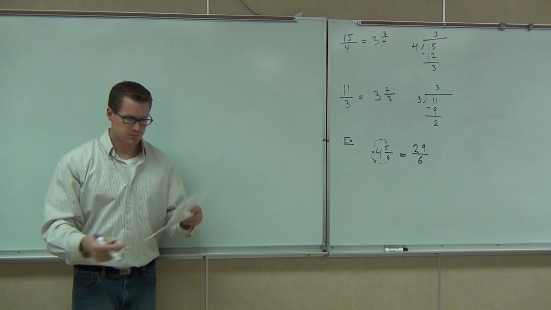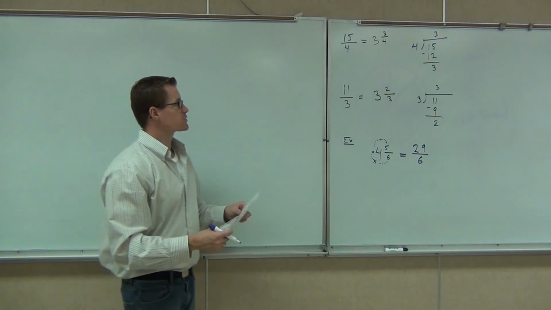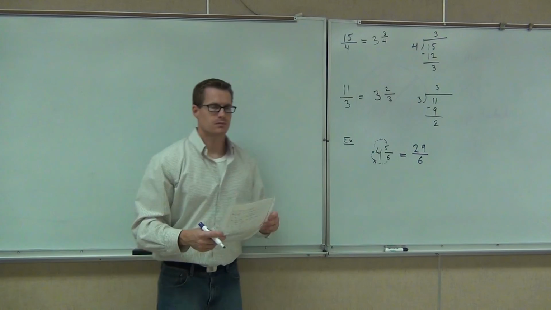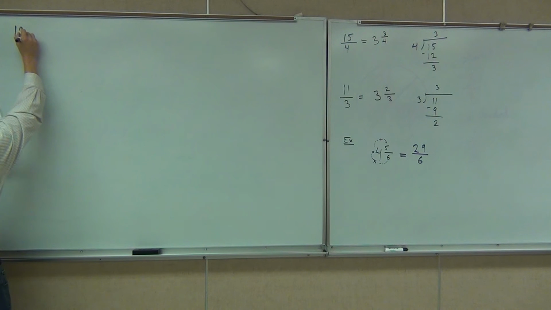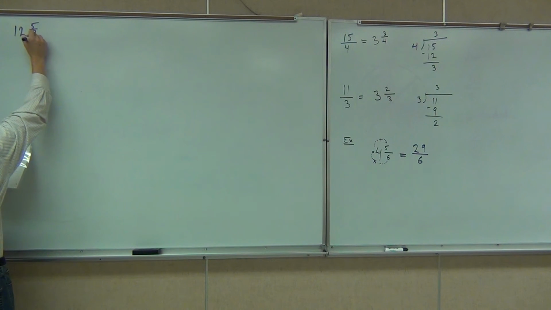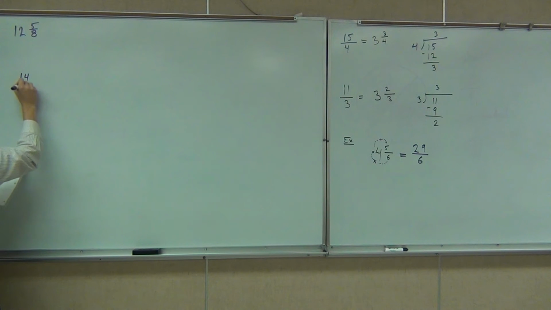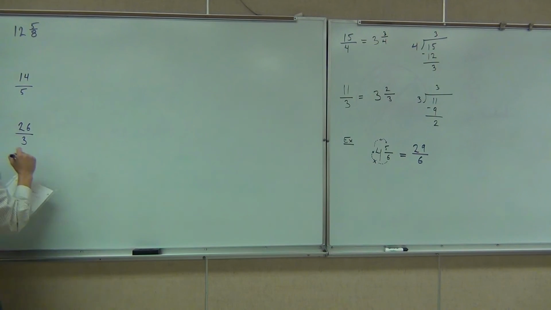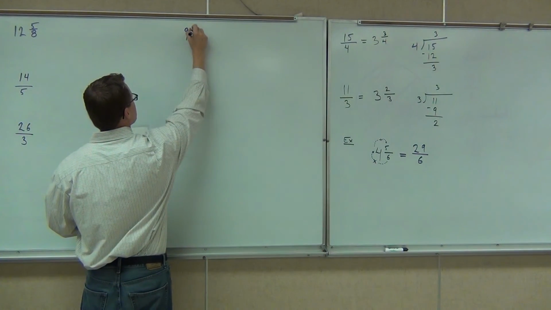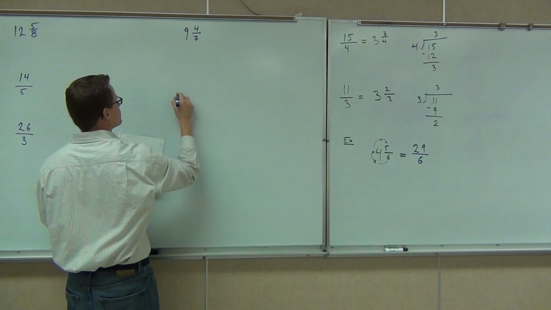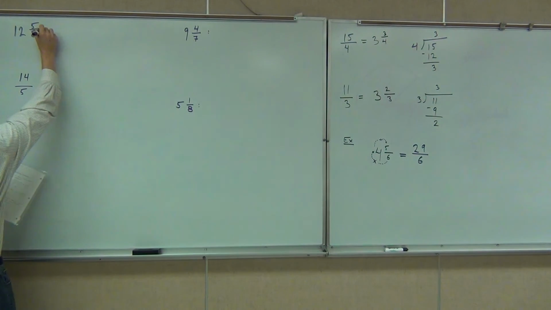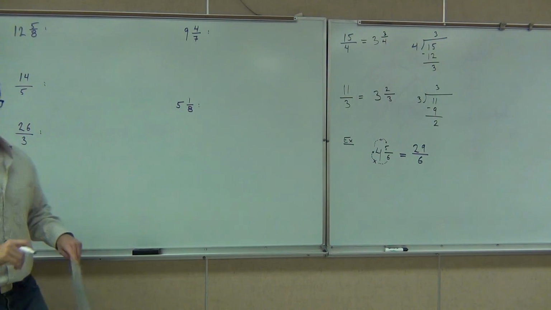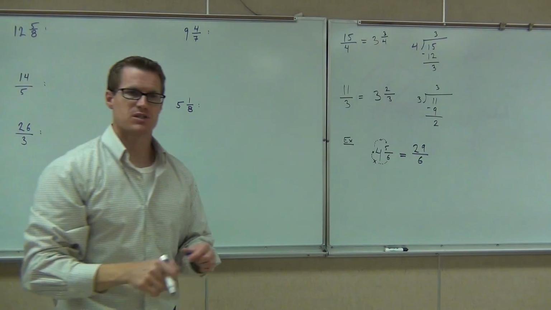It's just the name that we give it. 3 and 3/4 would be considered a mixed number. So go ahead and change these things. If it's a mixed number, make it improper. If it's improper, make it a mixed number.